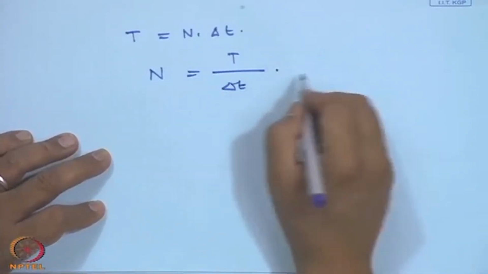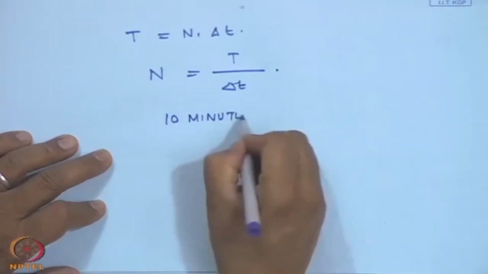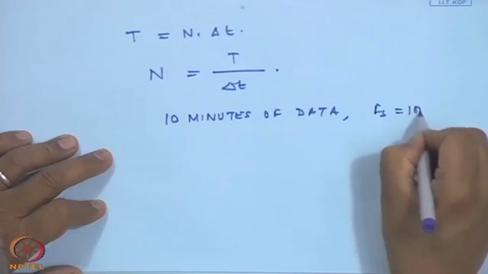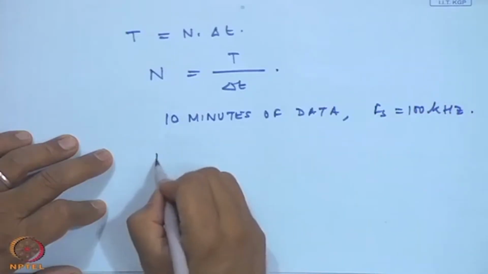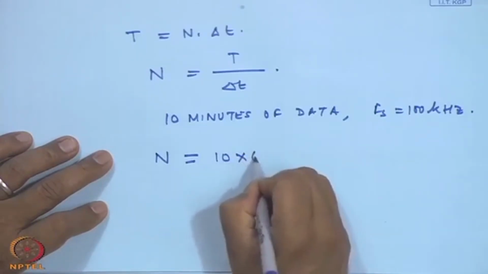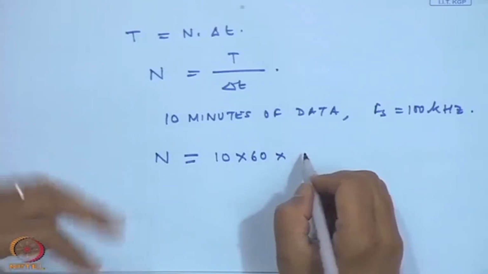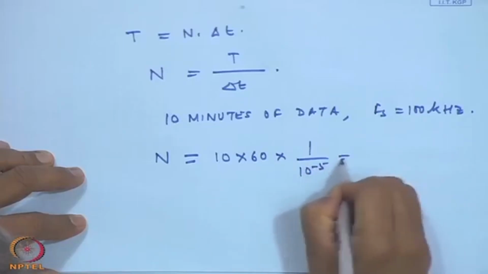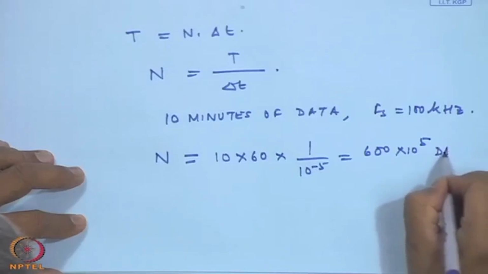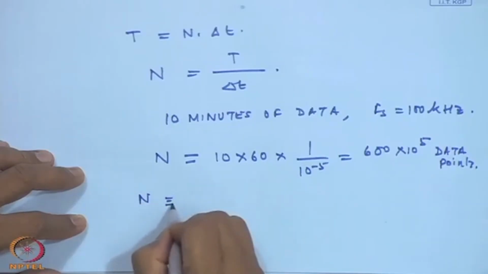Now, if I want to record 10 minutes of data at a sampling frequency of 100 kilohertz, the number of data points to be stored is 10 into 60 seconds into 1 by delta t, which is 1 by 10 to the power minus 5, that is 600 into 10 to the power 5 data points.